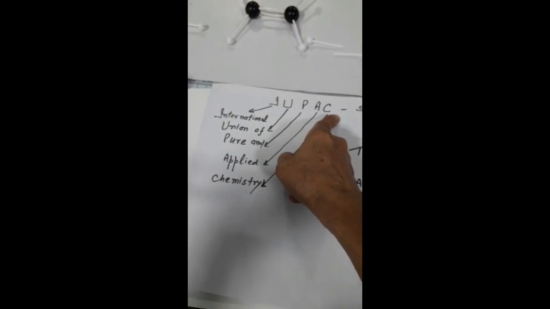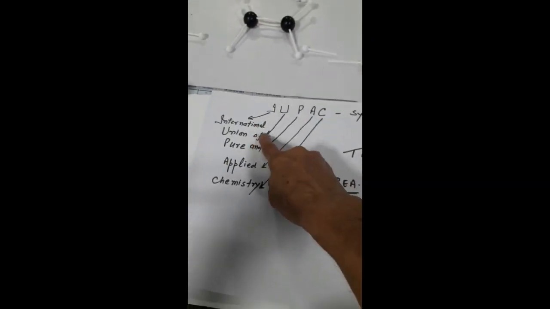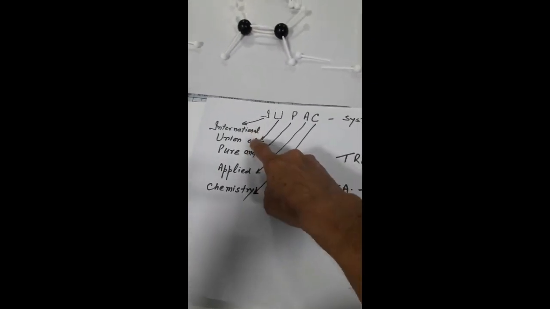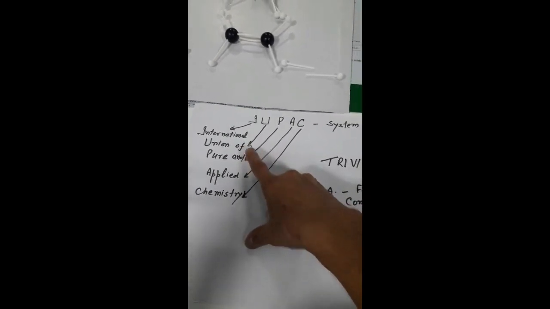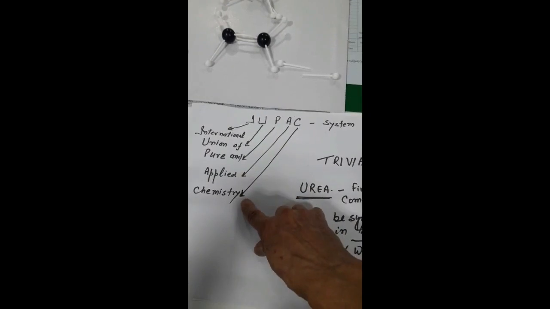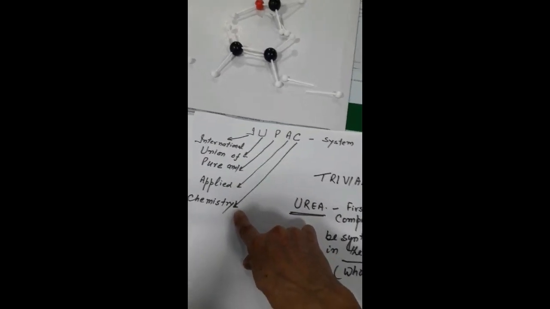There have been various kinds of systems, but the most practical and reasonable one which is accepted is the IUPAC system. I stands for International, U stands for Union, P stands for Pure, and A stands for Applied Chemistry. 1957 most probably this system was developed.